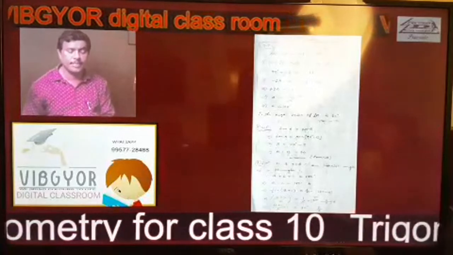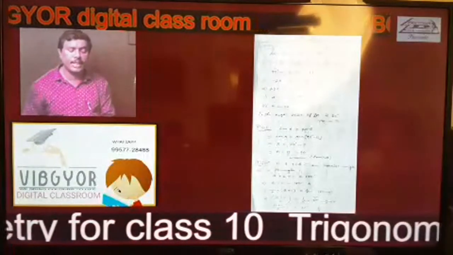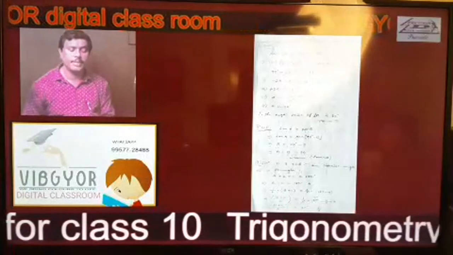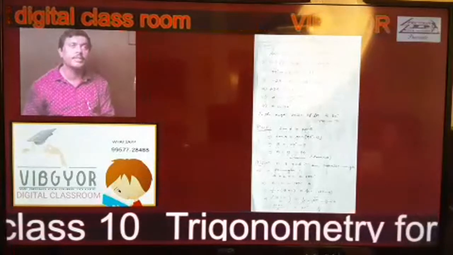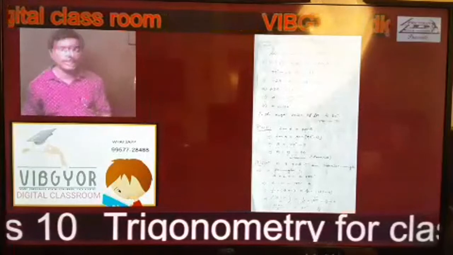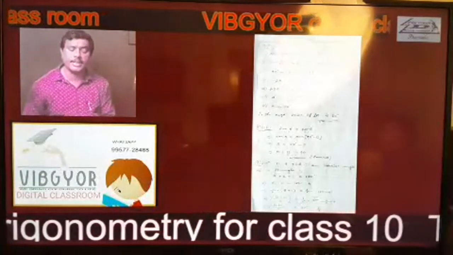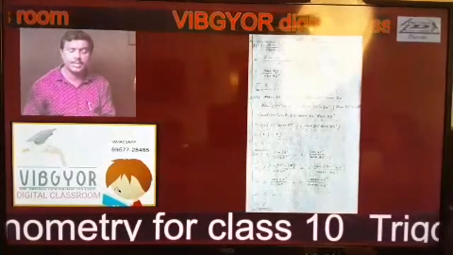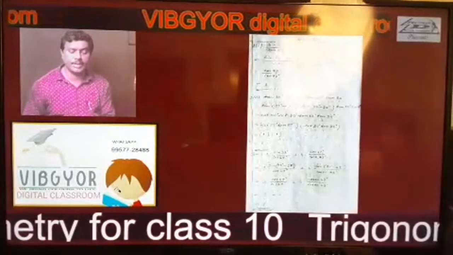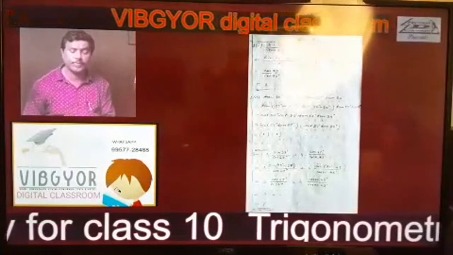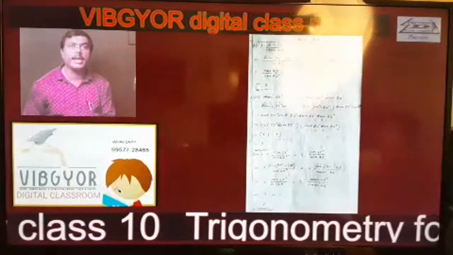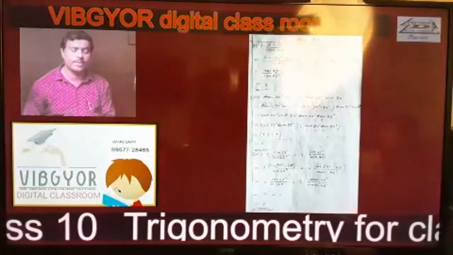Tan 90 degree minus 55 degree is equal to cot 55 degree, that means tan 90 degree minus theta is equal to cot theta. So we are writing here cot 55 degree. And tan 90 degree minus 30 degree, in place of that we are writing cot 30 degree using the same formula.